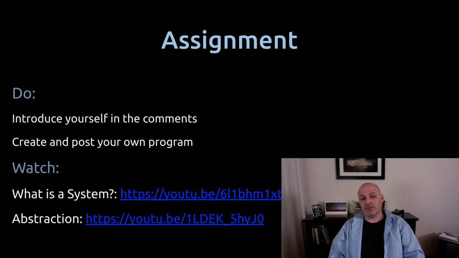Additionally, I have a couple more videos that go along with this lesson. The first one is what is a system? This video explores systems from an engineering perspective, of any type of system. It allows us to understand what systems are made of, how to decompose them, and it goes along with the second video, which is abstraction, because computer systems are so complex.